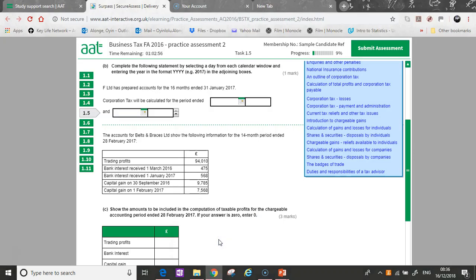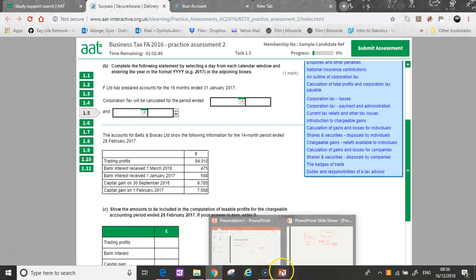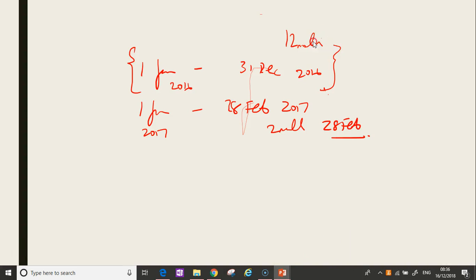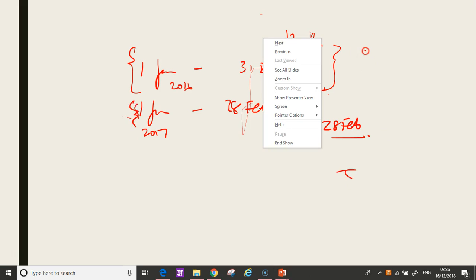It's slightly unhelpful, but it says show the amounts to be included for the chargeable accounting period ended 28th of February. So the chargeable accounting period ended 28th of February, the chargeable accounting period is this period. You see there are 2 accounting periods here. This first period here.